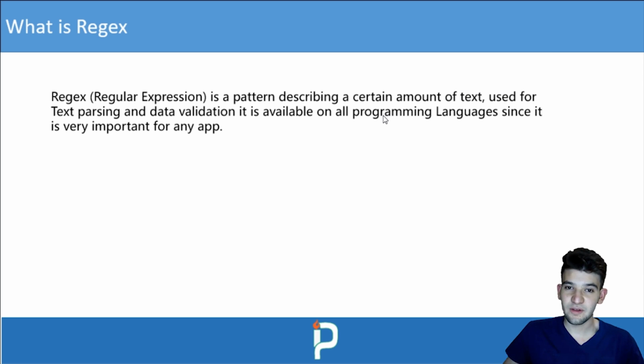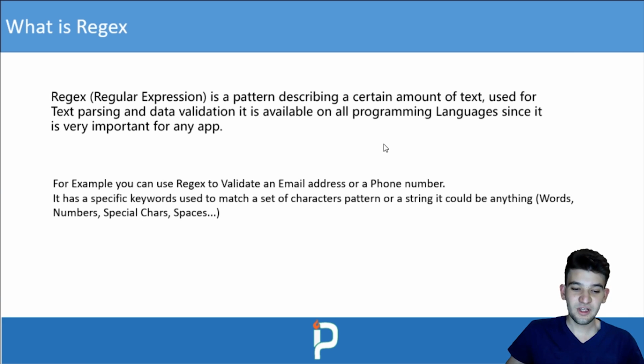Since it's very important for your application, you need to use it, especially now that we are in 2018, as modern web applications and modern applications from now on need to use Regex for sure. You can use Regex to validate emails or phone numbers, and it has specific keywords for that. In a given programming language, you use something like \w to match a word, or \d to reference a digit, and so on and so forth.